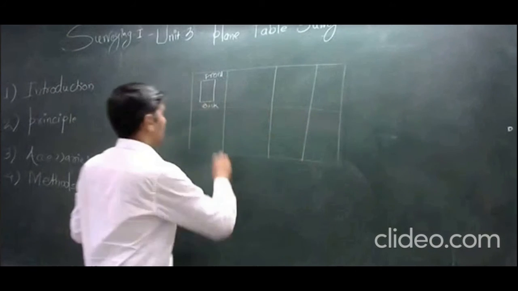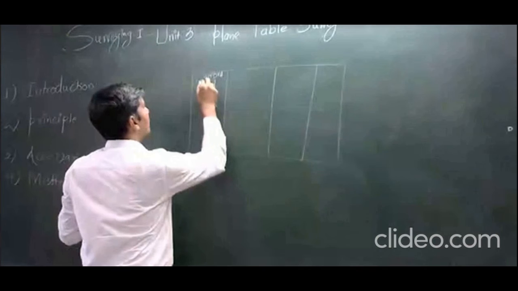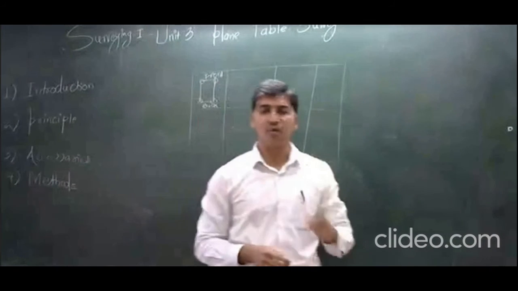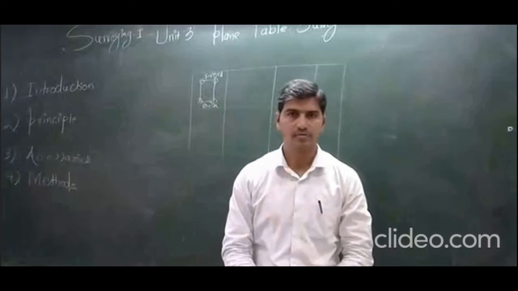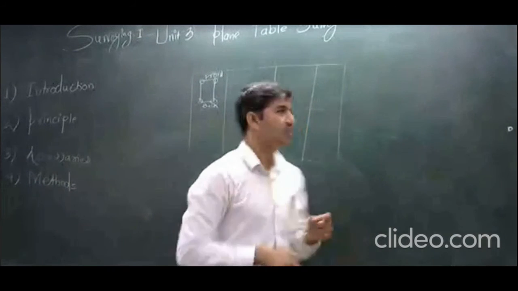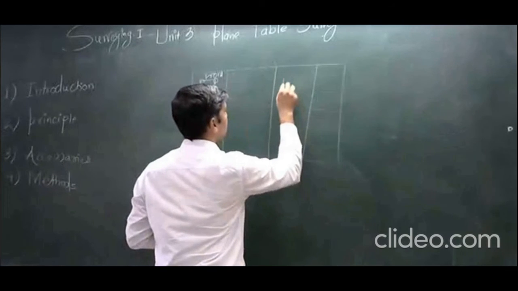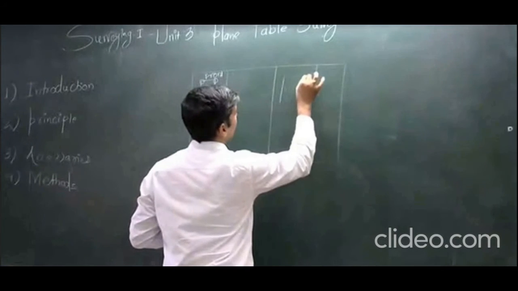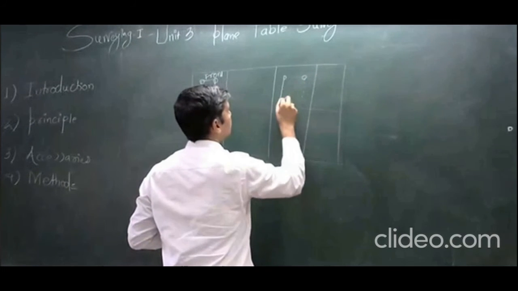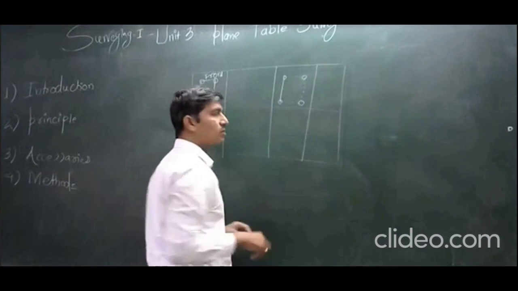What does this mean? These 4 points of the vehicle are well defined on the ground. By using, say, some oil paint or chalk paint, we have marked the exact position on the ground.